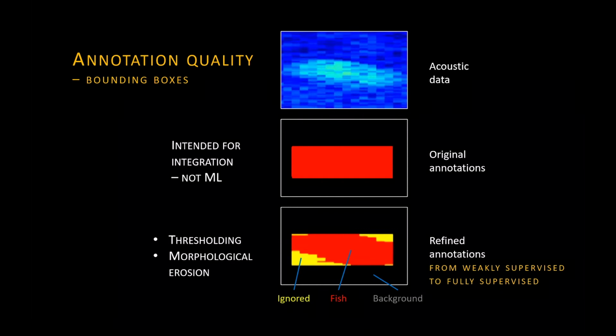The result is the refined annotations you see below, where the yellow pixels are ignored by the network during training. That means that loss is not backpropagated from these pixels.